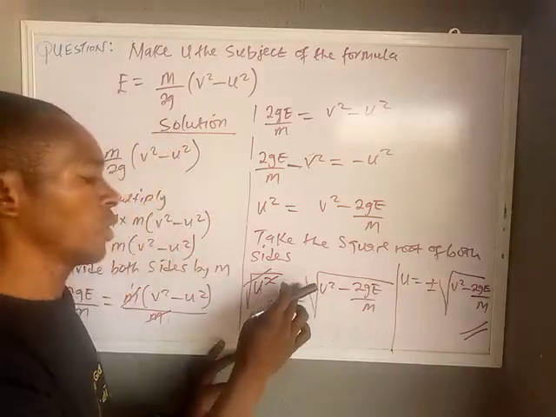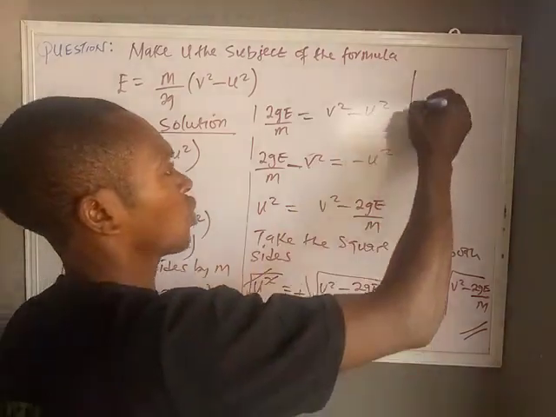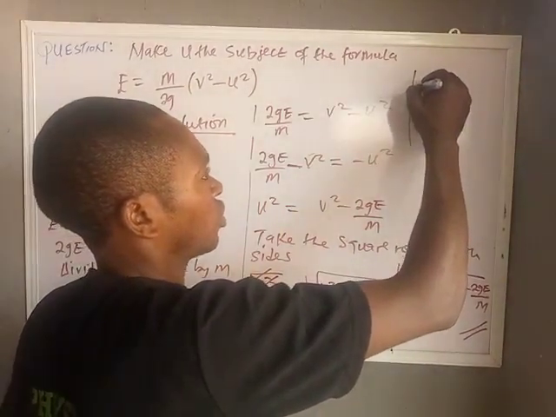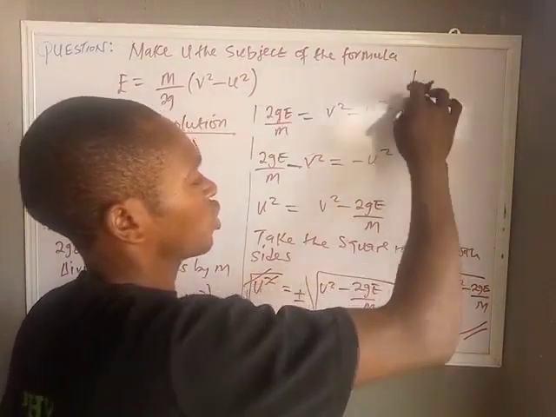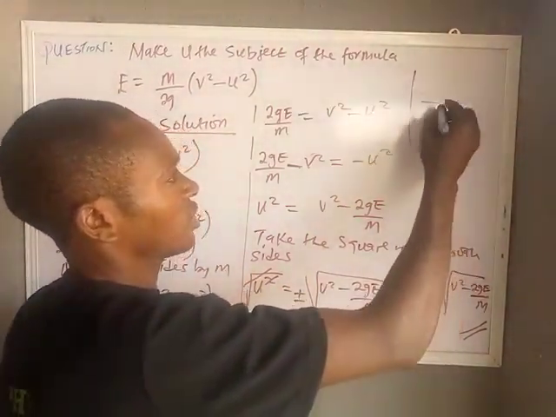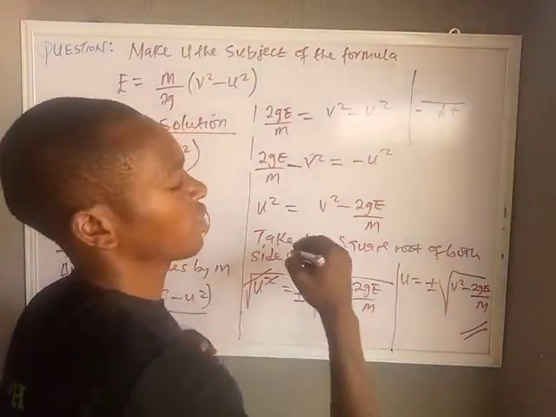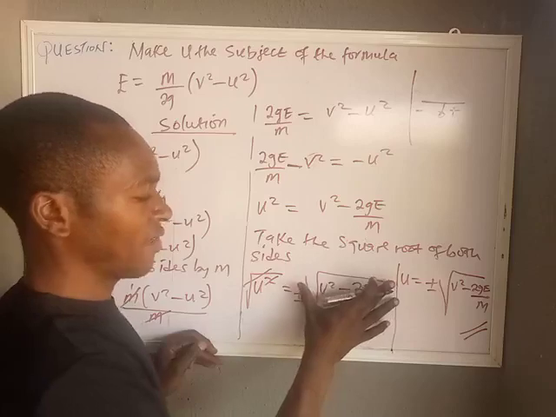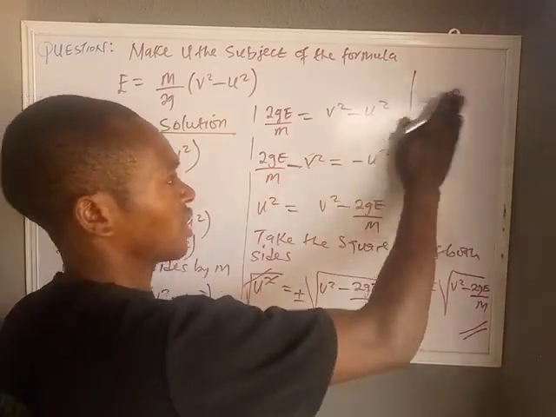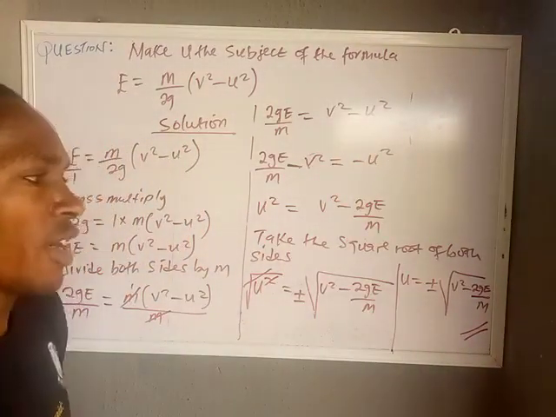Now this has to be a plus or minus because anytime you're asked to look for the square root of any number, the number can exist either on the positive axis or on the negative axis. So I can find this term on the positive axis and I can also find it on the negative axis. That is why we always have a plus or a minus sign whenever you are asked to look for it.